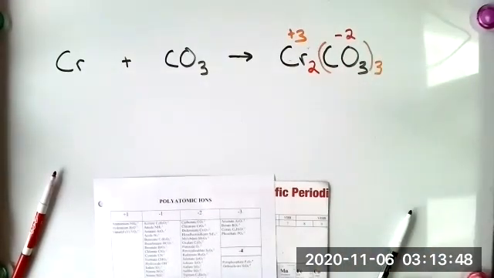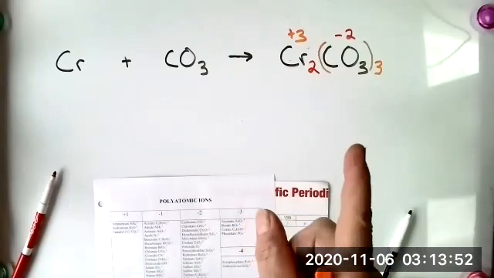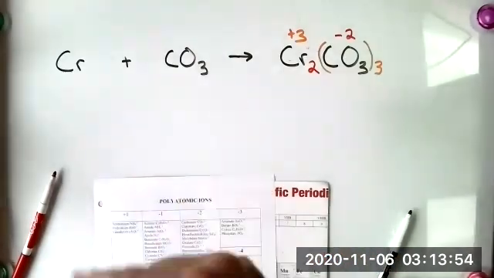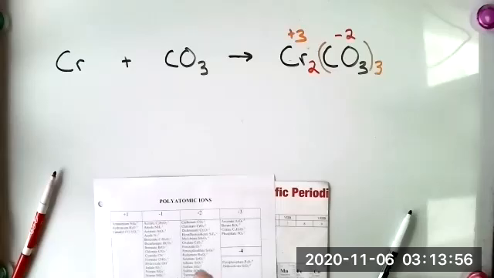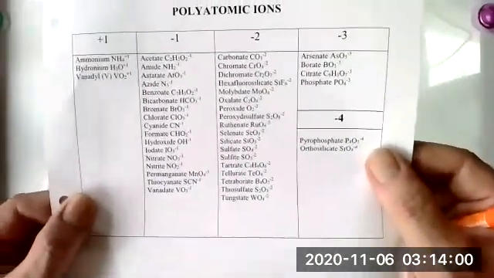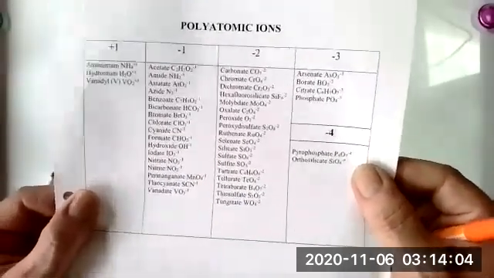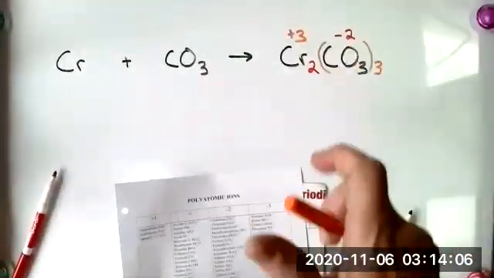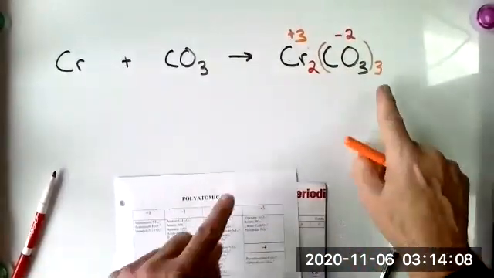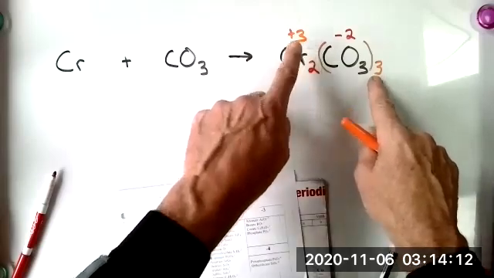Parentheses. Okay, so we looked at parentheses when we did percent composition. I told you it's going to come back. Here it comes. So now, if you need multiple of these, 2, 3, 4, or even 5 of these, you must now wrap them in parentheses, because you do need 3 of these.